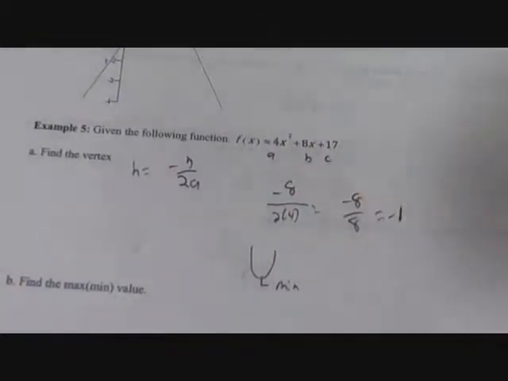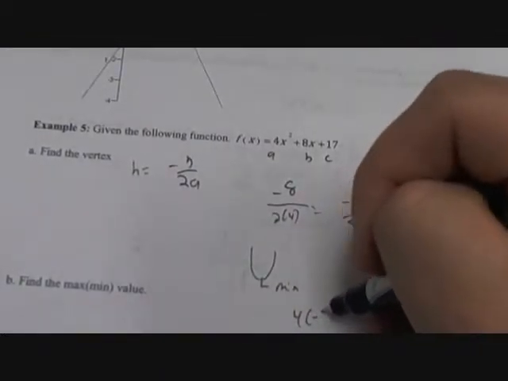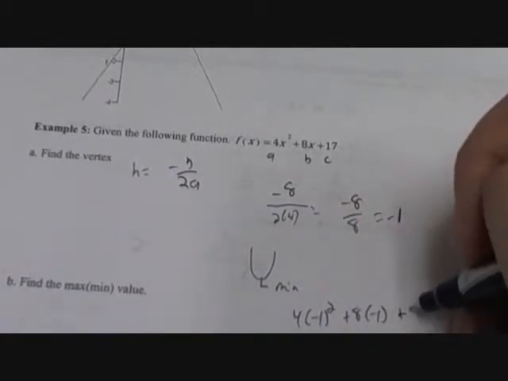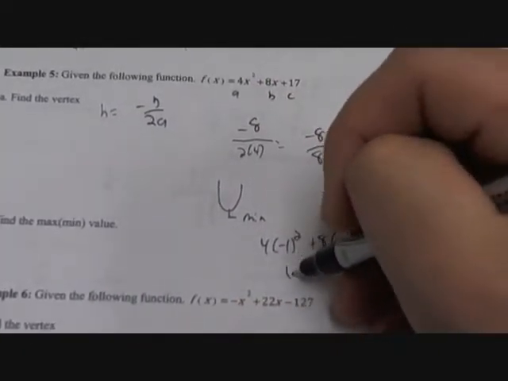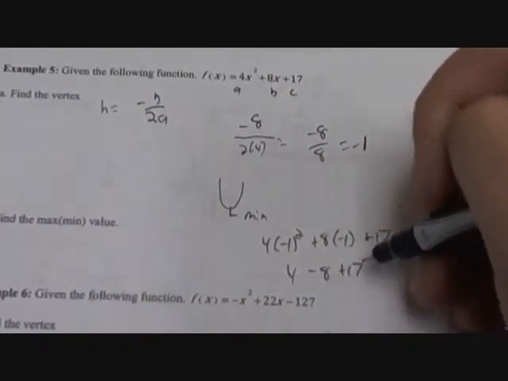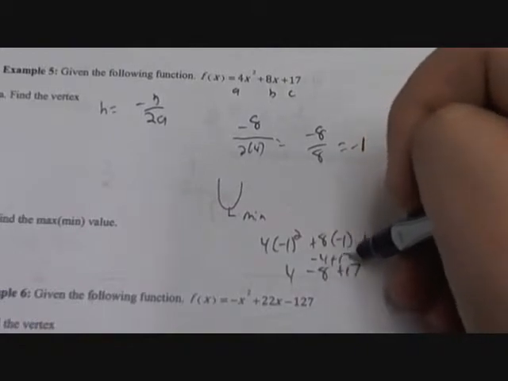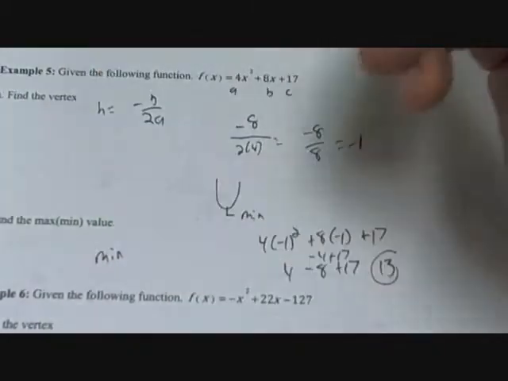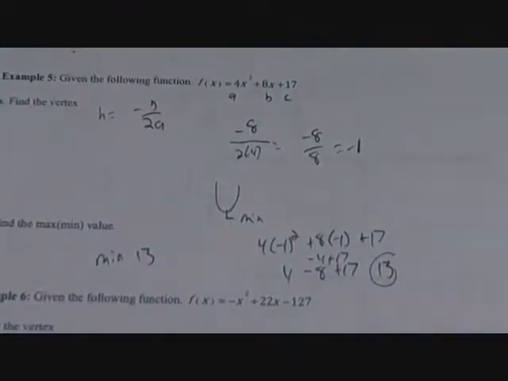So you plug in negative 1 to your equation: 4 times negative 1 squared plus 8 times negative 1 plus 17. Negative 1 squared is 1, so 4 minus 8 plus 17. Negative 4 plus 17 is 13. So the minimum is 13.